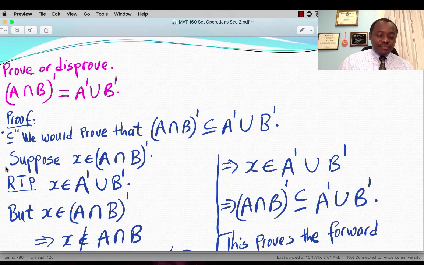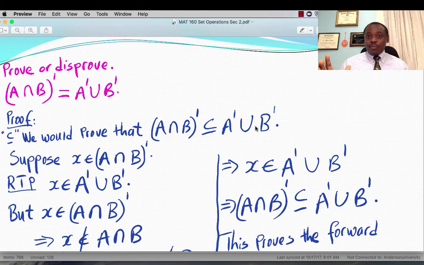So let's start with the forward direction. How do I prove that (A intersection B)' is a subset of A' union B'? I pick an element from the left-hand side and prove that it is in the right-hand side.